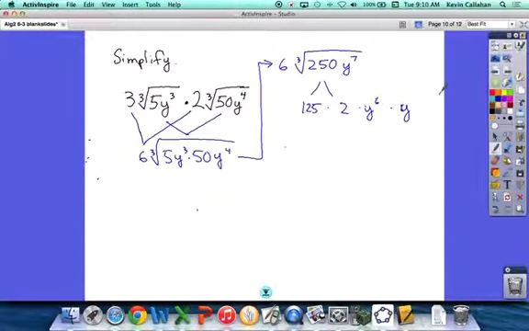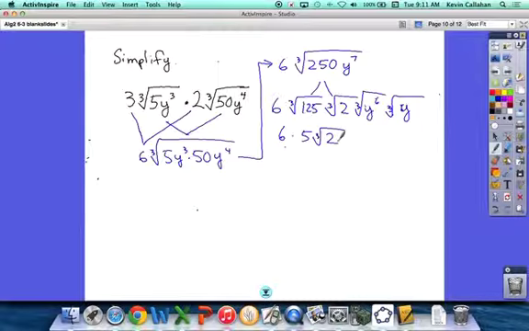Right. So now we're going to take the third root of all of these things, and we still have the 6, which is in front. The third root of 125 is, remember we just split it up for a reason, 5. 6 times 5 times the third root of 2. How many y's can I take out of that?